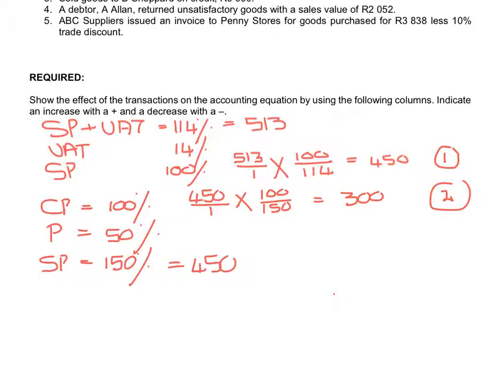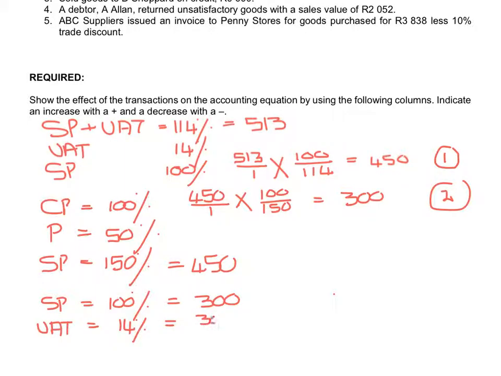But because the owner is taking goods for himself, he has to pay VAT on these goods. So the sales price excluding the VAT equals 100%, and that equals the 300 Rand. If we want to know the VAT, we want to calculate the 14%.